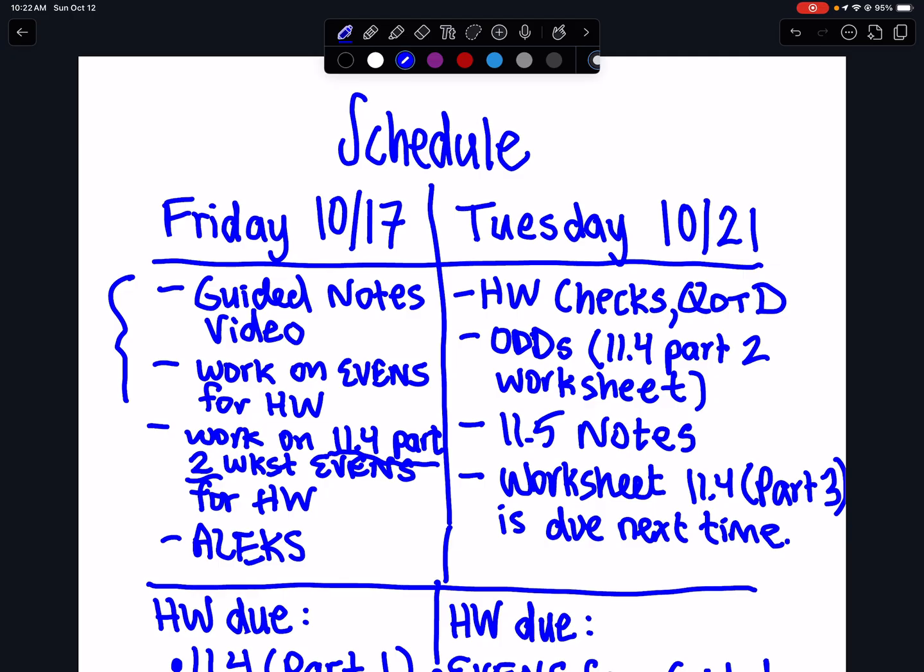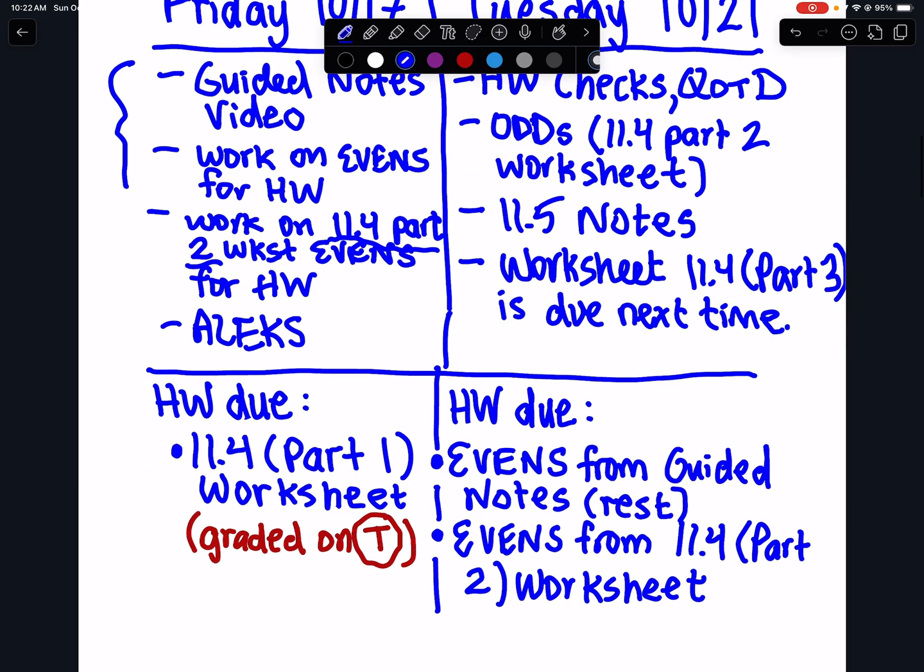Okay, so all you need to worry about for today, your responsibility, are the evens of the 2 pages that you'll be given. So it's the evens from the guided notes and the evens from this part 2 worksheet that you'll be doing. That's about maybe 6 or 7 problems, maybe 8 on the worksheet, and the guided notes has a few more. But you'll be given class time to do that.